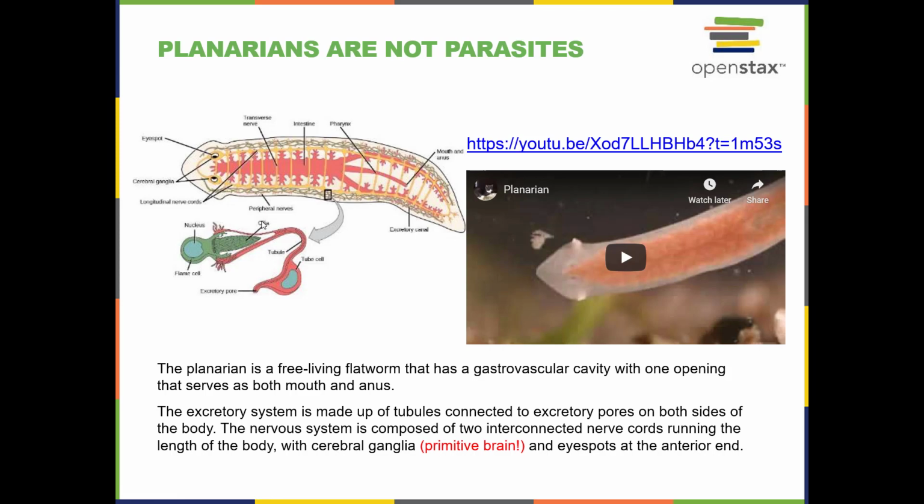And these guys are small. They're less than a centimeter long. But they are free living and they're interesting. And I will link up this video as well so you can watch the planarian moving around.